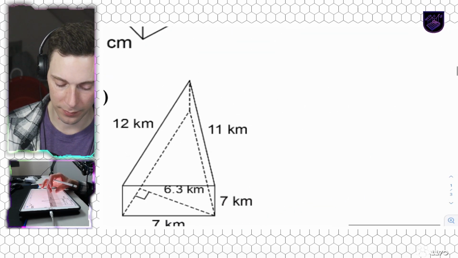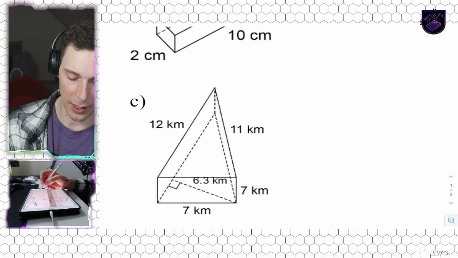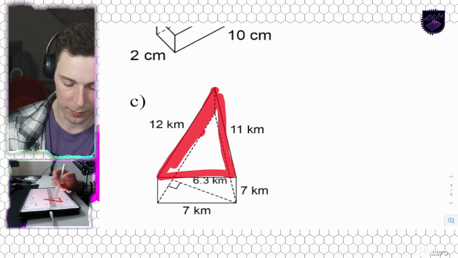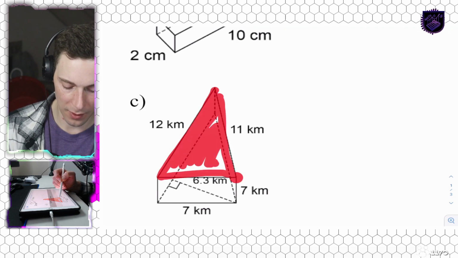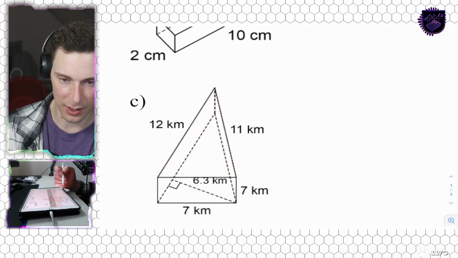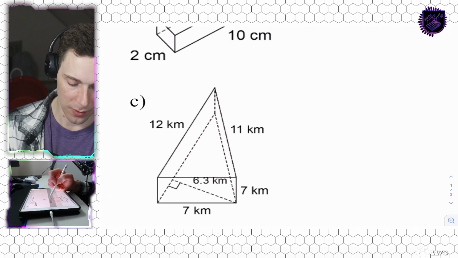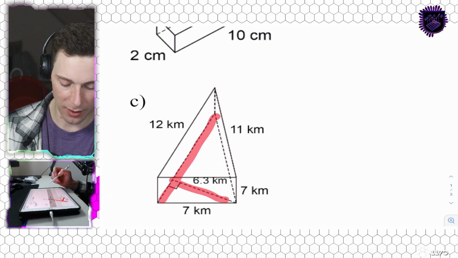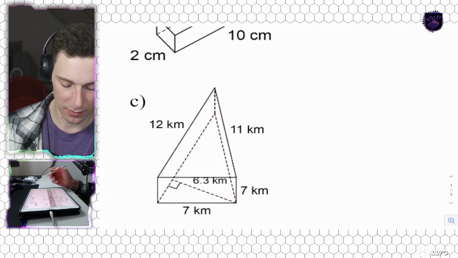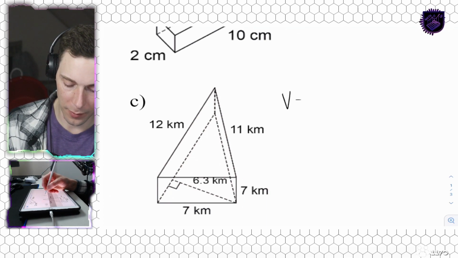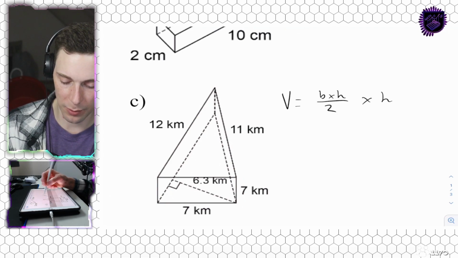Last one here. The volume will be the area of this face times that length there, the depth, the height of that prism. So this is base times height times depth after finding the area. So volume will be equal to base times height divided by 2 multiplied by the height of the prism.